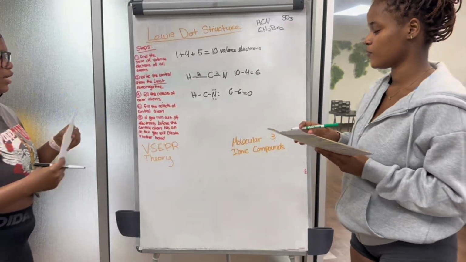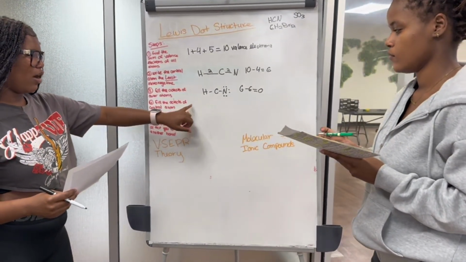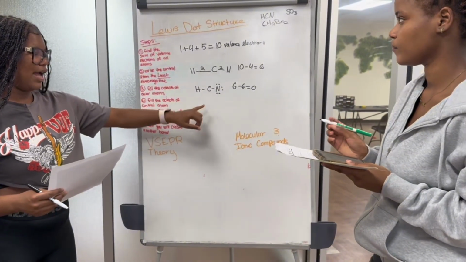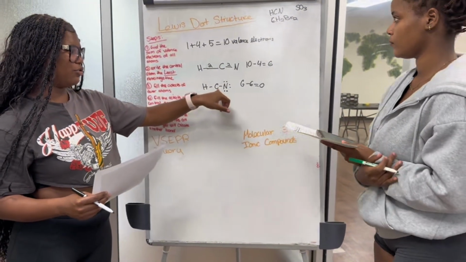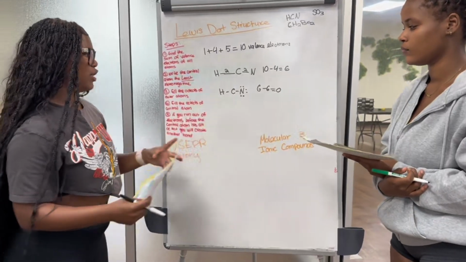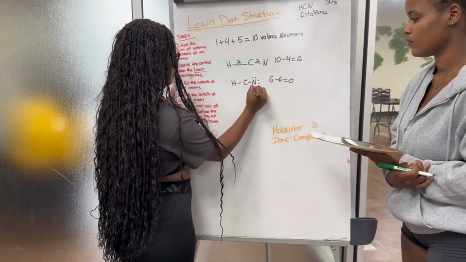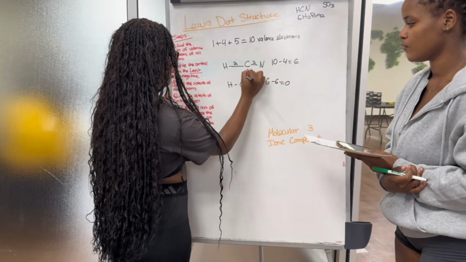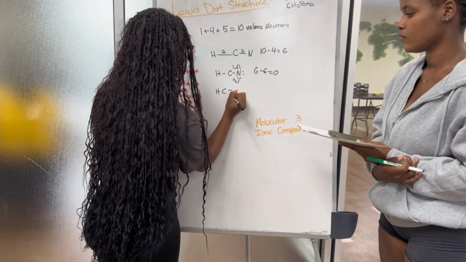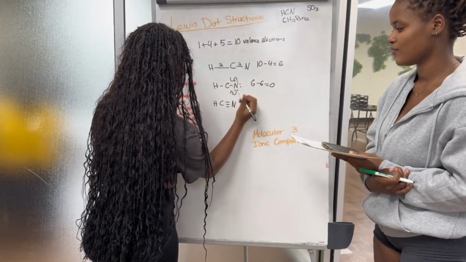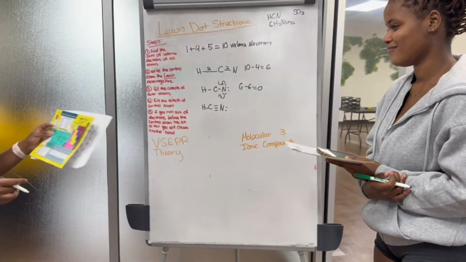But now, not all of our atoms have filled octets, because carbon only has 2 while nitrogen has 6. So we would move the 2 at the bottom and the 2 at the top to create a triple bond so that nitrogen and carbon are both balanced.